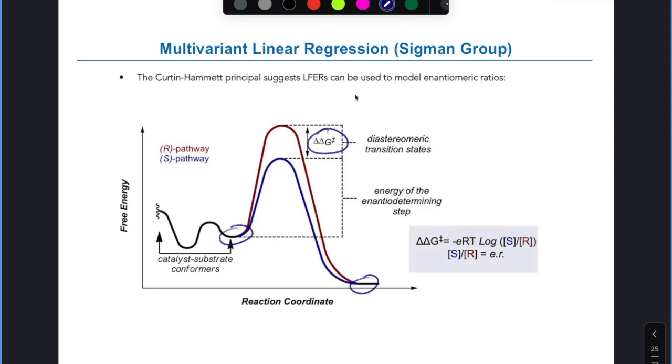And the one system where that is absolutely always true, where the starting material and product are exactly the same energy, is enantiomeric reactions, right? If we start with materials that are just enantiomers in the starting material and product, this assumption is absolutely perfect. So it's a really good place to go looking for these other predictive behaviors.